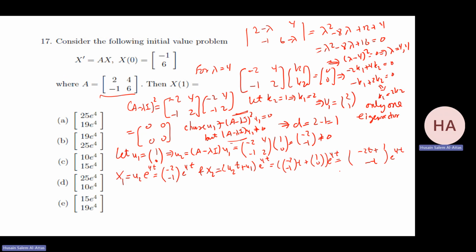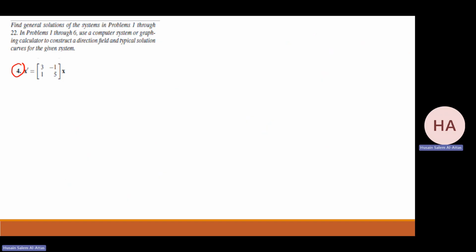Now my general solution, x will be c1 x1 plus c2 x2. Now do the condition. X at 0 will be (minus 1, 6).